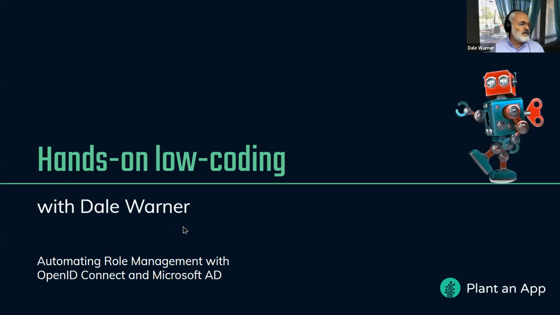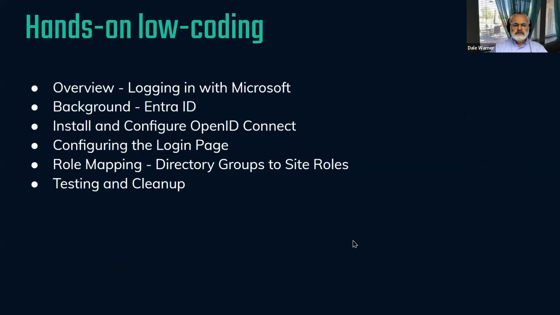All right. With that out of the way, we'll go into our hands-on low coding, where we'll talk about automating role management with OpenID Connect and Microsoft Active Directory. My plan is to go through the whole scenario. We'll start with the Plant an App that doesn't have OpenID Connect installed. We'll install it and configure it for Microsoft. We'll start by taking a look at a scenario where I've already got this done, so you can see what we're going to get into and whether you want to invest the rest of your hour here with us.